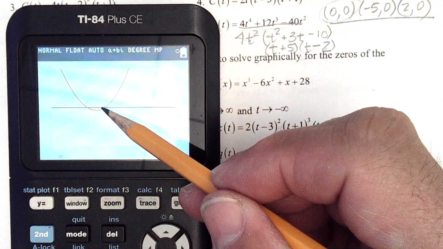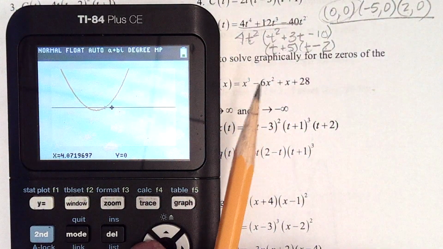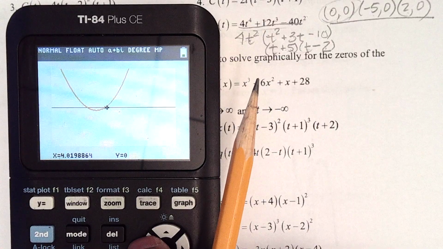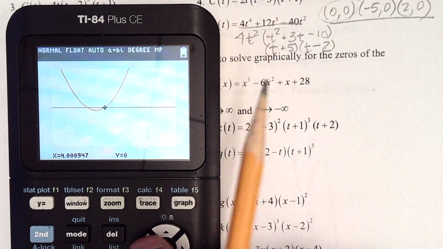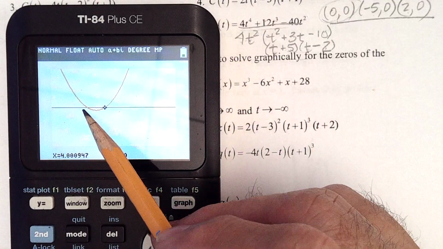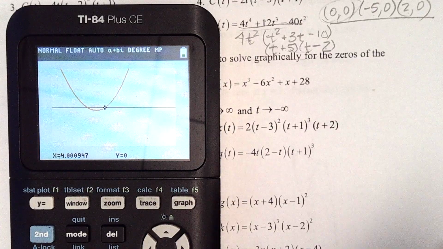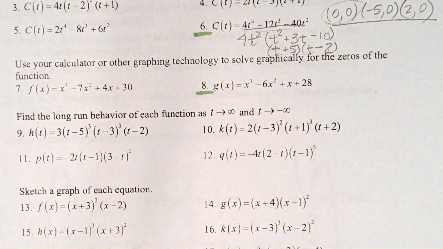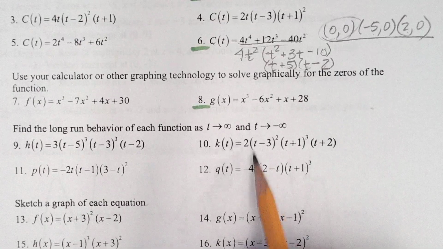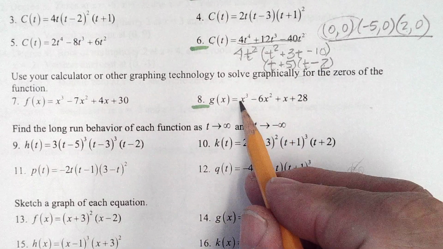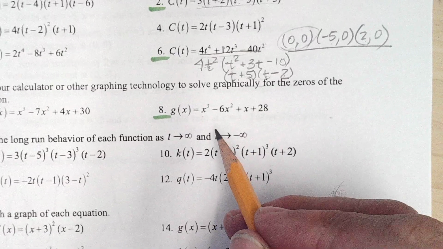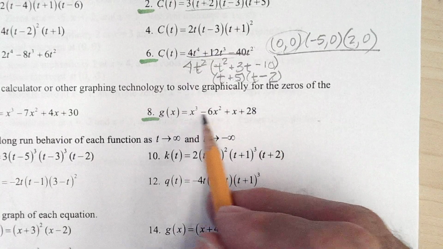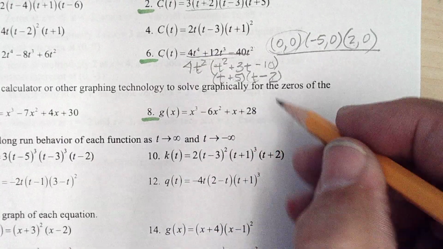Oh, it goes through there, which looks like that is about 4, and someplace that's not so nice. So it goes through 4. So x minus 4, I think, is a factor. So I'm going to actually divide x minus 4 into this.